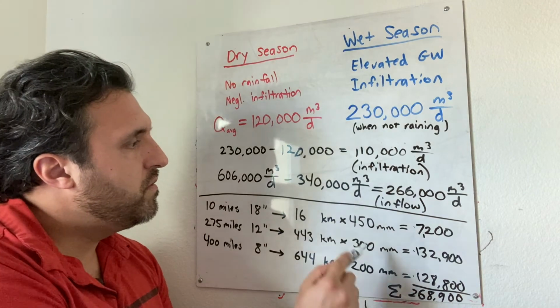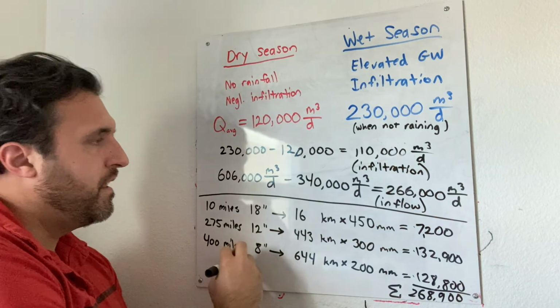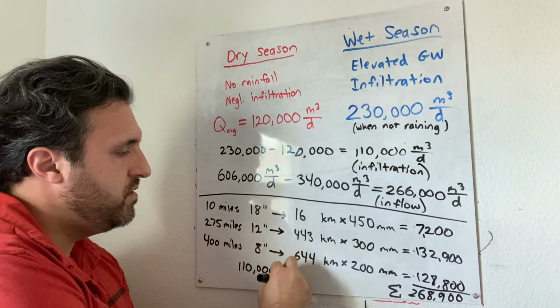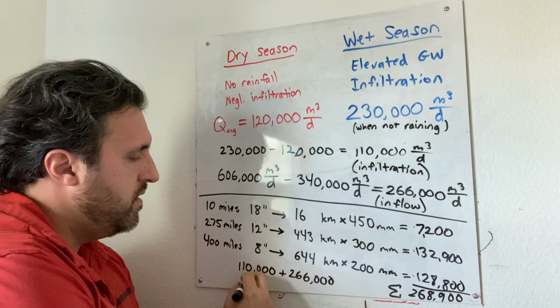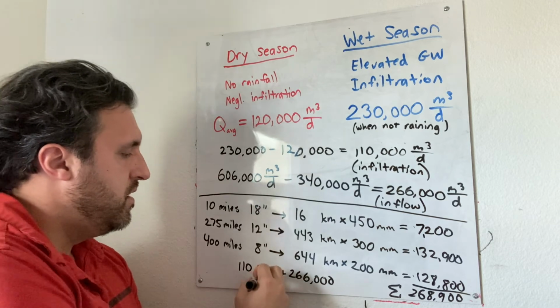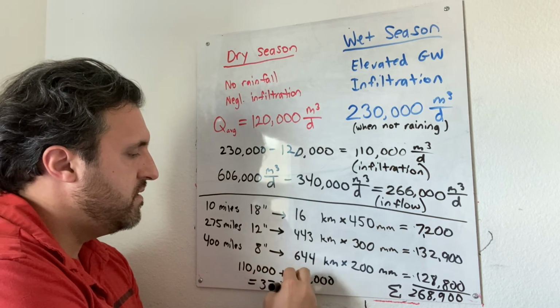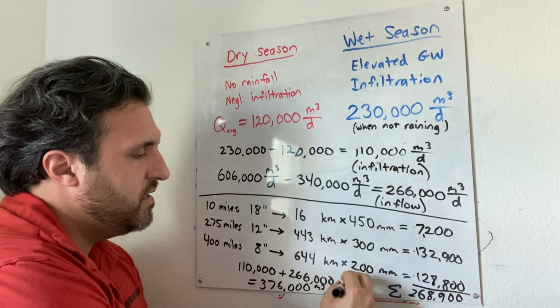So now we take our inflow and our infiltration, so that's 110,000 plus 266,000, and that equals 376,000 cubic meters per day. This is our I&I.